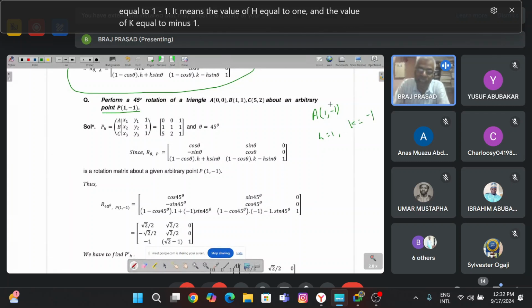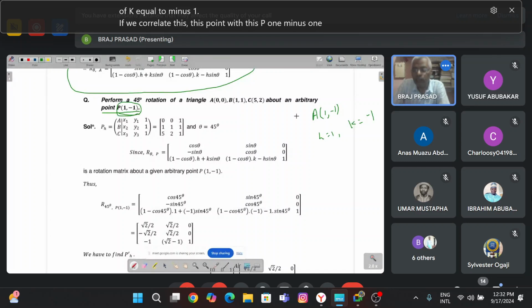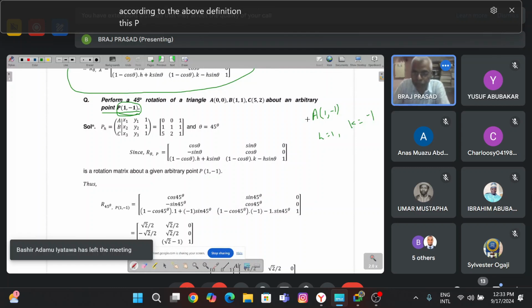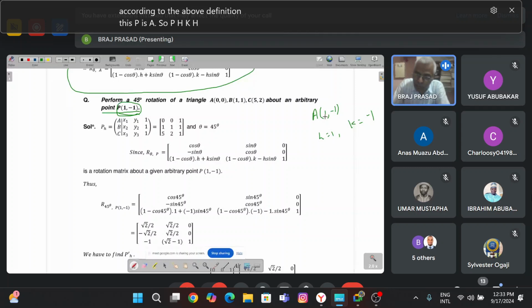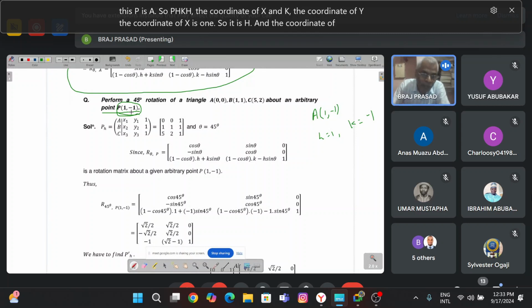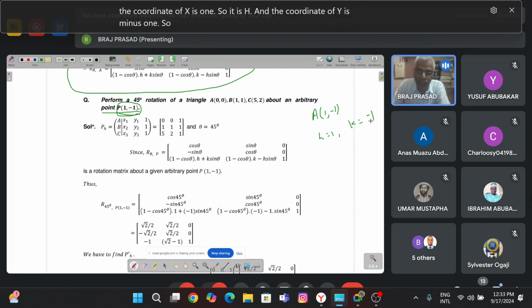If we correlate this point with this P(1,-1), then according to the above definition, this P is A. So P(h,k), where h is the coordinate of x and k is the coordinate of y. The coordinate of x is 1, so h equals 1, and the coordinate of y is -1, so k equals -1.